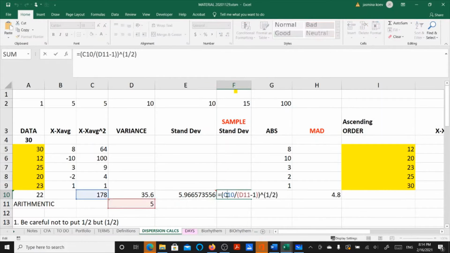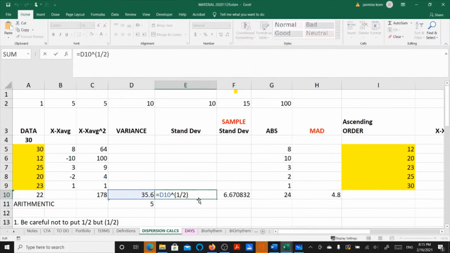Actually, here, I want to show you sample standard deviation. Do you see how I'm doing n minus 1? Unlike previously, we're just doing n, which is the 5. This is variance to the power of 1/2, standard deviation.